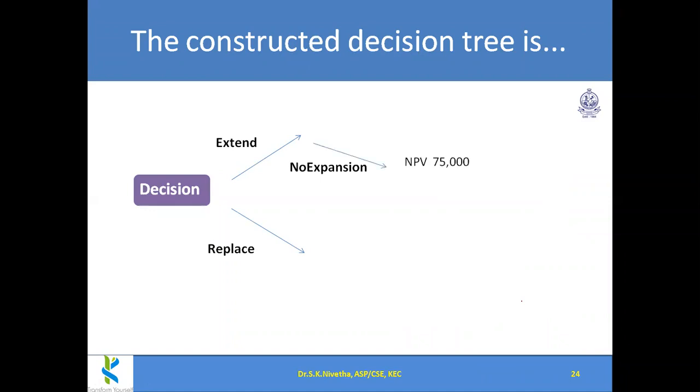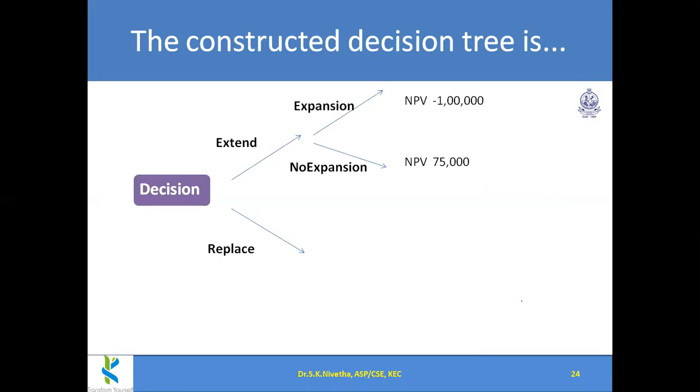Extending, if the market is not expanding and is very dull, the NPV based on the cash flow forecast is a positive 75,000. Positive NPV is always good. If the market is expanding, there is a wide market, but we are simply extending the software and not replacing it, it is an old software. In that case we'll be losing some revenue, so NPV would be negative 1 lakh.